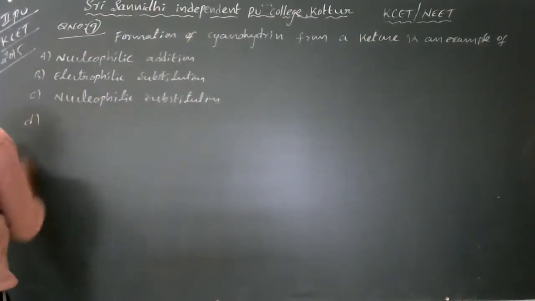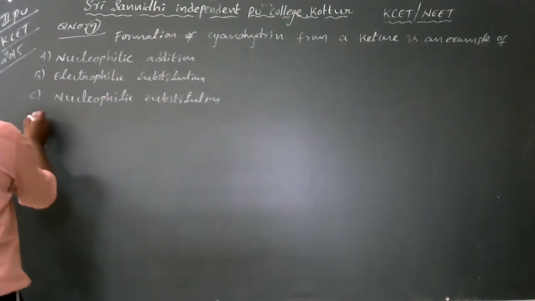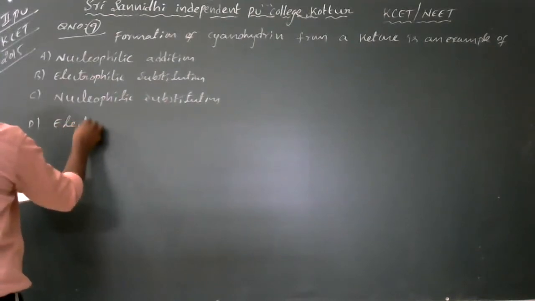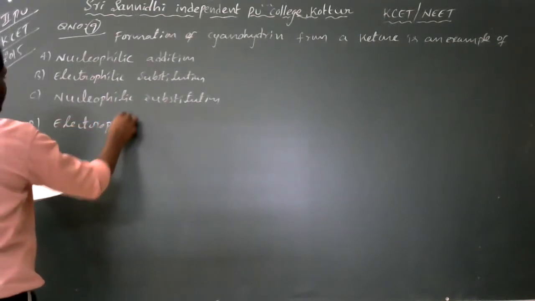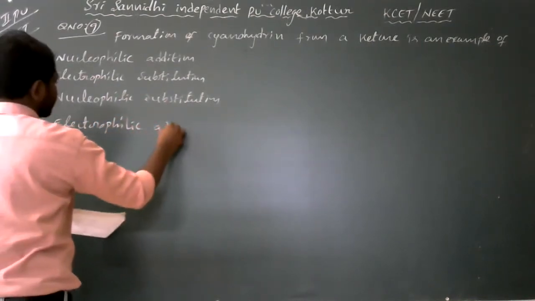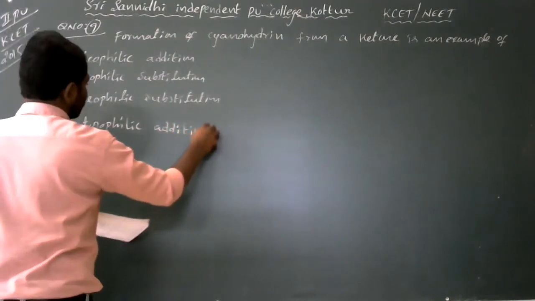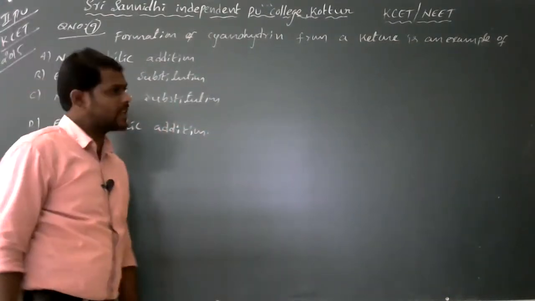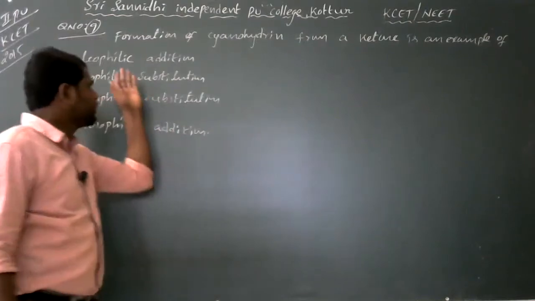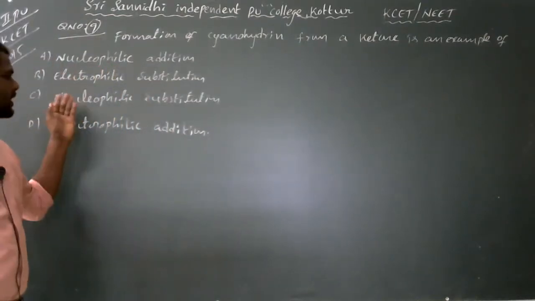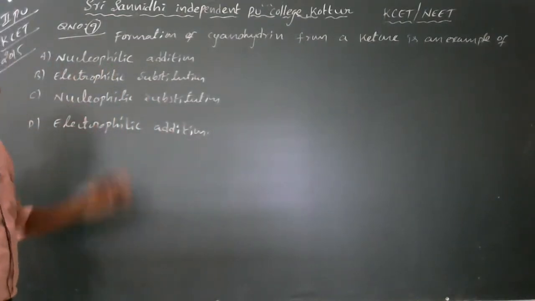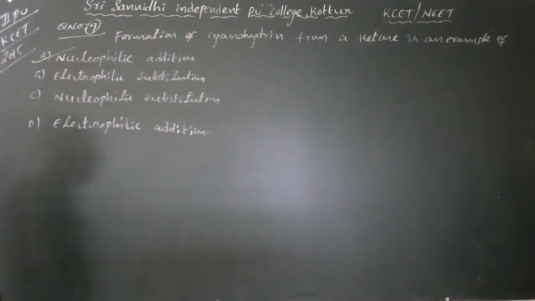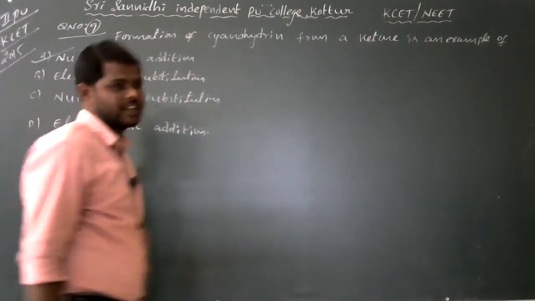And option D is electrophilic addition reaction. So the formation of cyanohydrin from a ketone is an example of which? Actually, the answer is nucleophilic addition reaction.